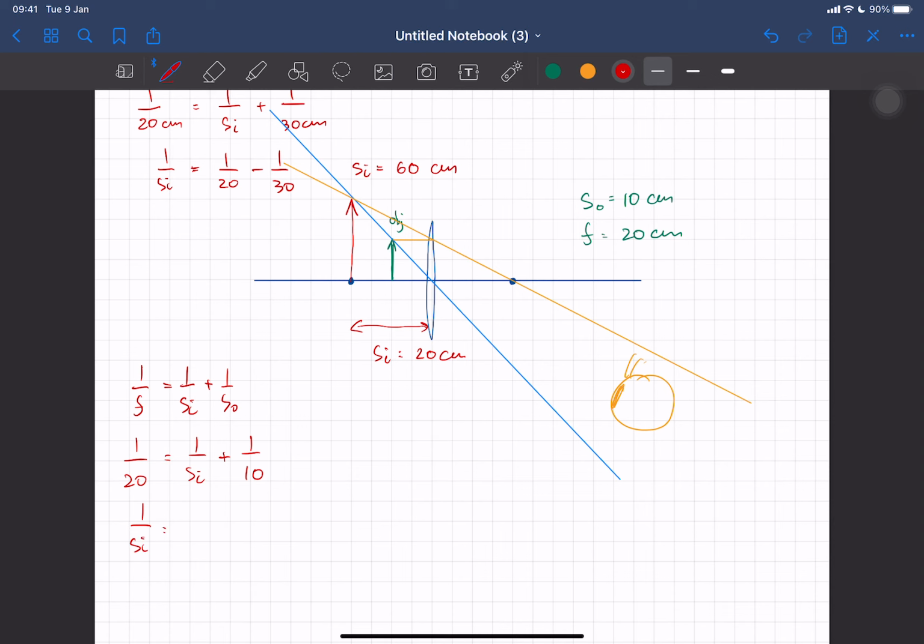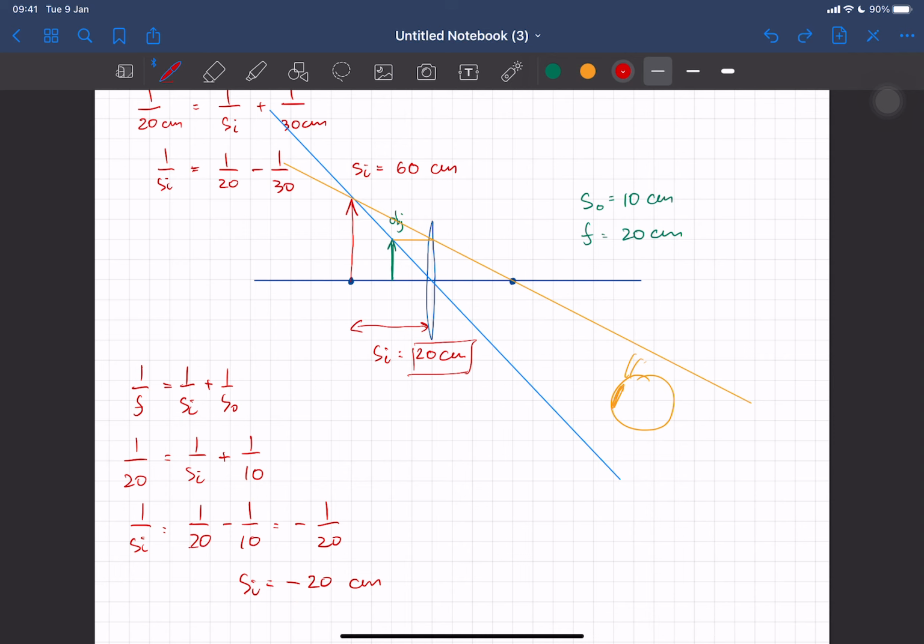One over si is then 1 over 20 minus 1 over 10. And that gives you minus 1 over 20. So Si is minus 20 centimeters. So you can see that Si indeed gives you 20 centimeters from the formula, and the picture also gives you 20 centimeters. But there's a minus sign, okay?